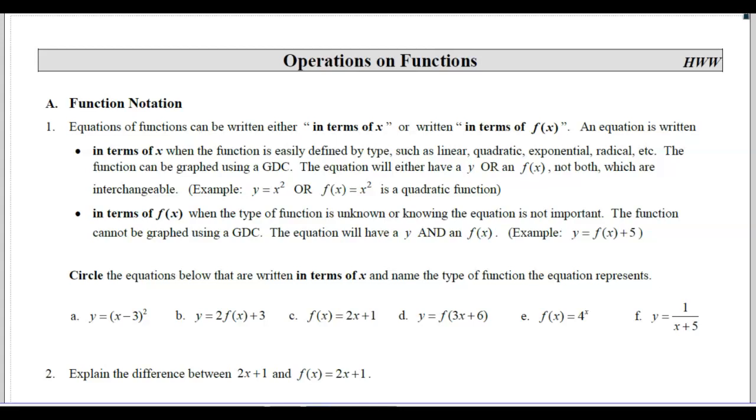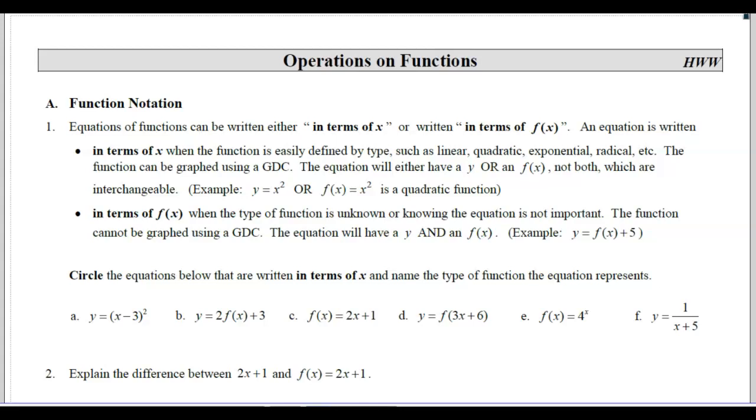We could put it into our calculator and graph it. We could graph it on our own. Okay, so it might be a linear, quadratic, exponential, any of those that we've learned. It might be shown as y equals or f of x equals. So it's still function notation, but it's f of x equals something in terms of just x.